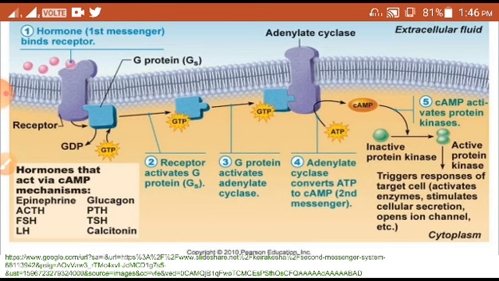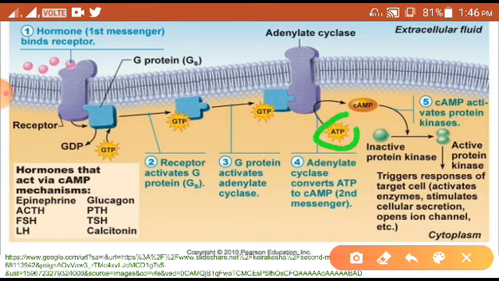Now what will this enzyme do? This enzyme will hydrolyze the ATP, and this ATP will convert into ADP, and then ADP will convert into AMP, right.